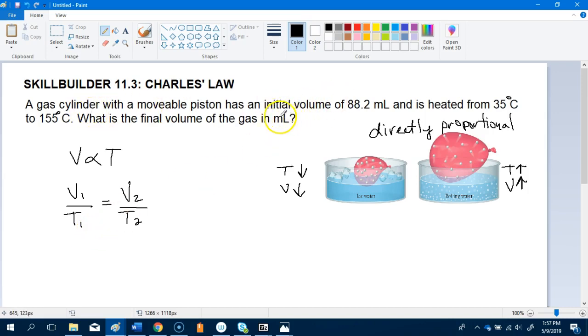So we have a gas cylinder with a movable piston. It has an initial volume of 88.2 milliliters. So our V1, or our initial volume, is going to be 88.2 milliliters. And our initial temperature is going to be equal to 35 degrees Celsius.